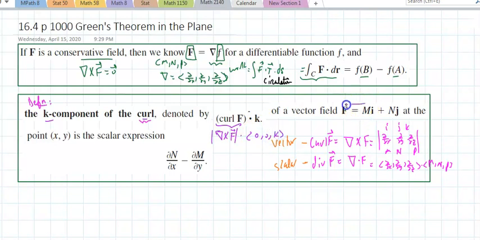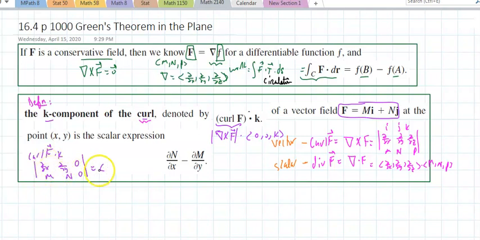And if I'm dealing with 2 dimensions, if I take the curl of F dotted with the k component, that would be partial with respect to x, partial with respect to y, and 0 for k, and this would be M, N, and 0, and that would be what?